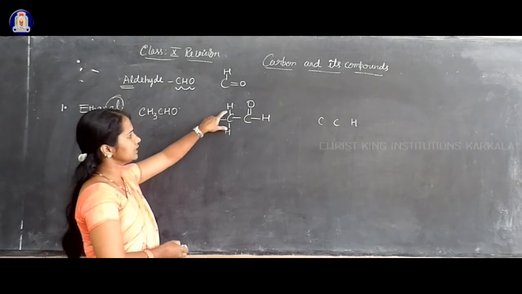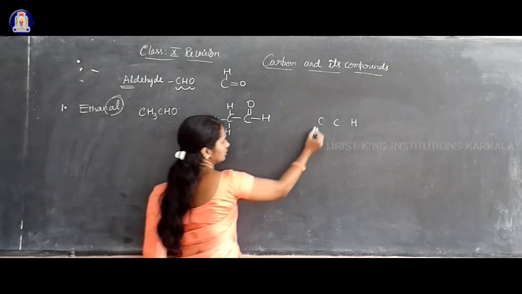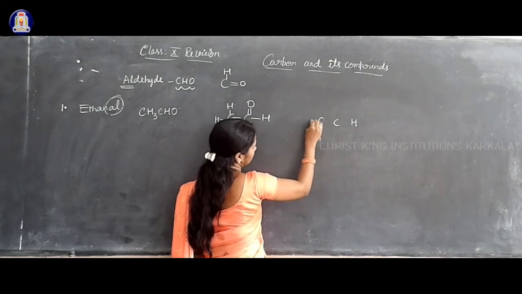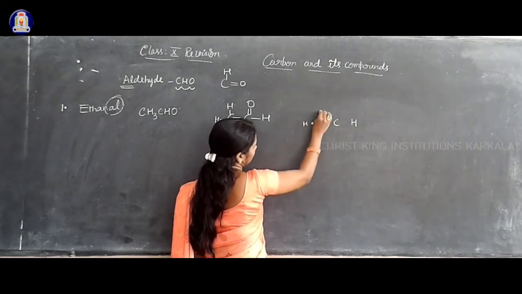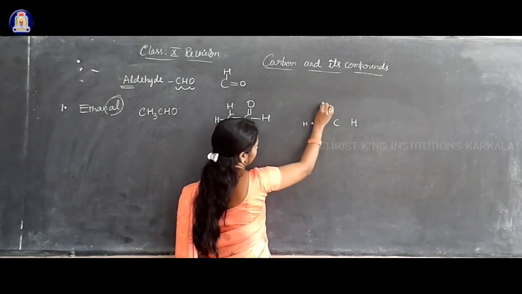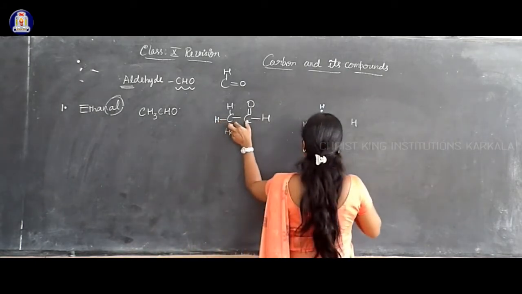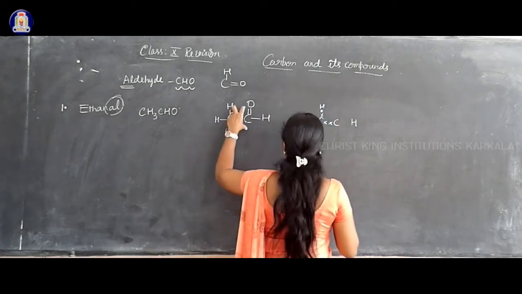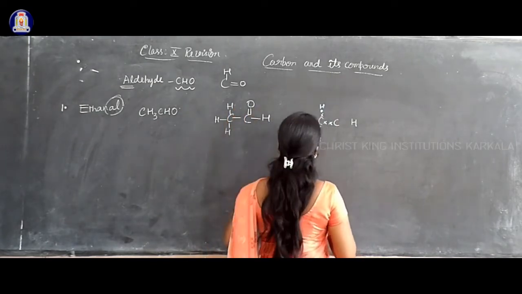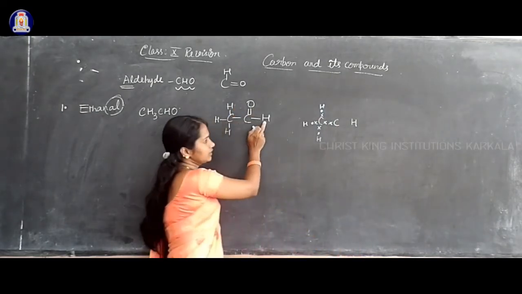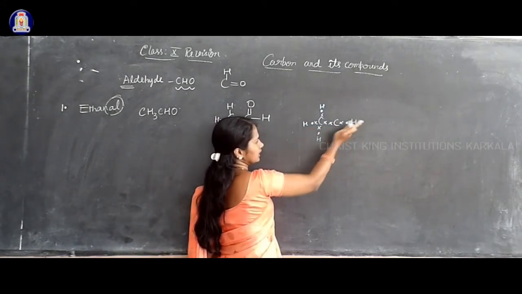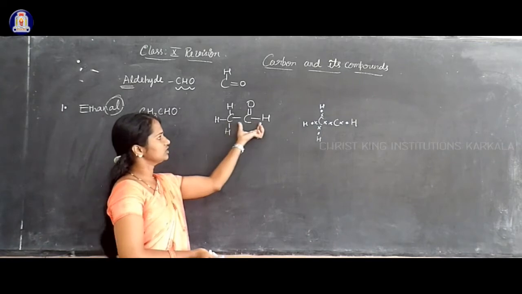Here all single bonds you can see, so dot H, dot H, dot H. Next, here between carbon single bond. The second carbon has a double bond with the oxygen and a single bond with the hydrogen. So this straight chain is completed.